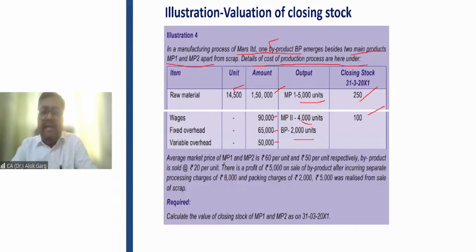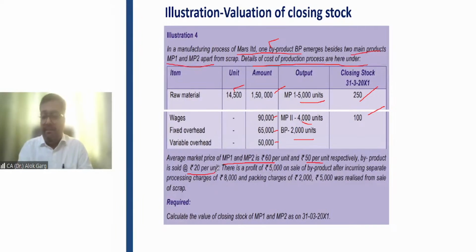Average market price of MP1 and MP2 is 60 rupees and 50 rupees per unit respectively, and the byproduct is sold at 20 rupees per unit. So selling price is available.